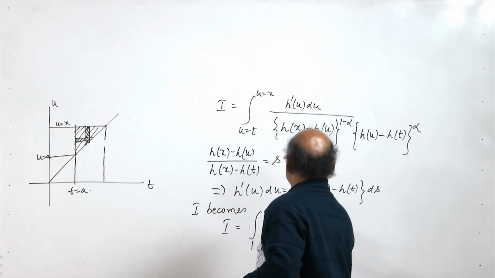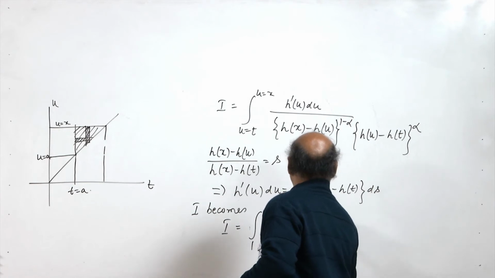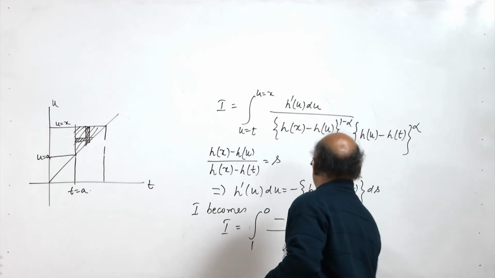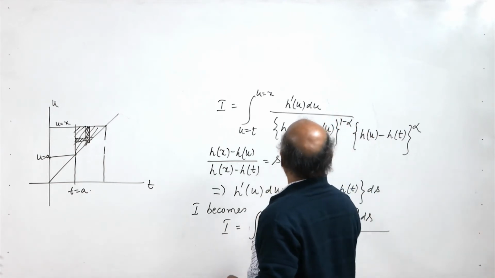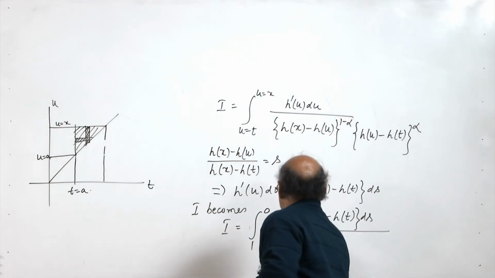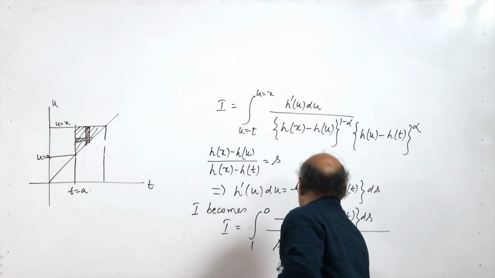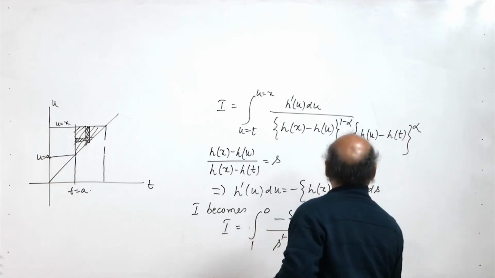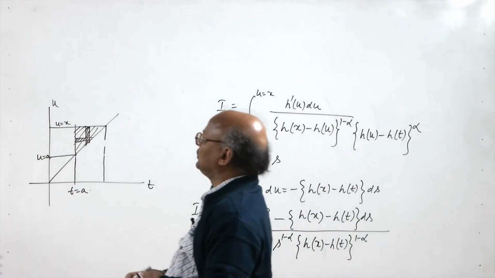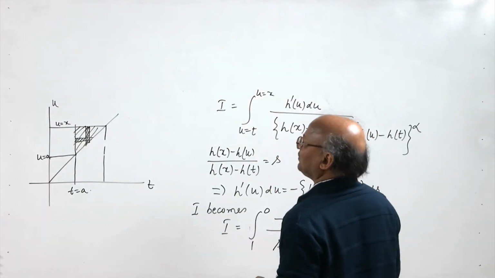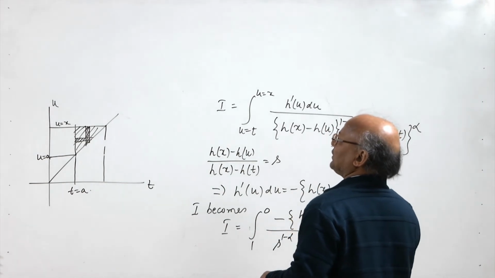Then h prime u du is minus (hx minus ht) ds divided by hx minus hu, which is s to the power 1 minus alpha times (hx minus ht) to the power 1 minus alpha, and hx minus hu is equal to (hx minus ht) into s. So, hu minus ht will become (hx minus ht) into 1 minus s.